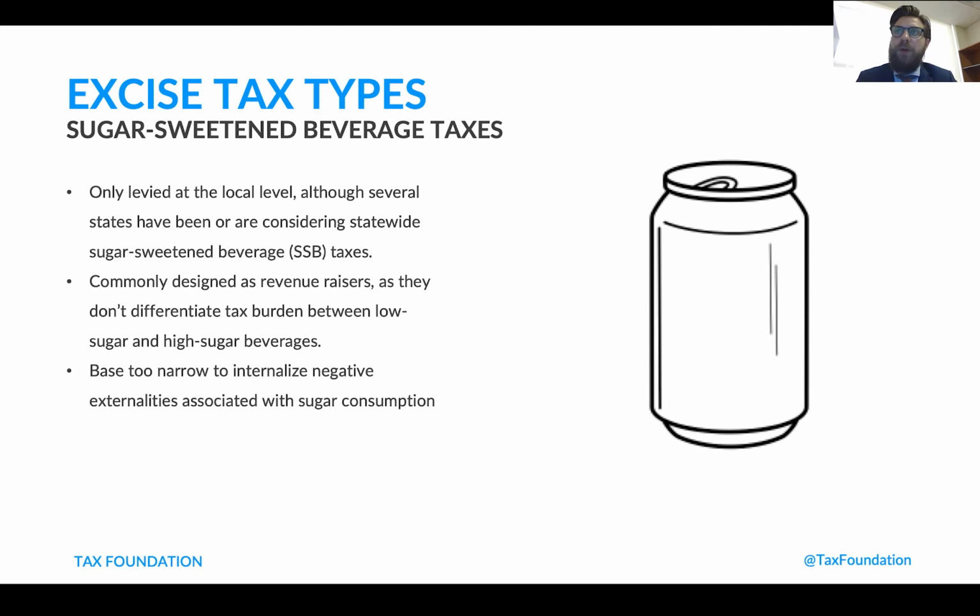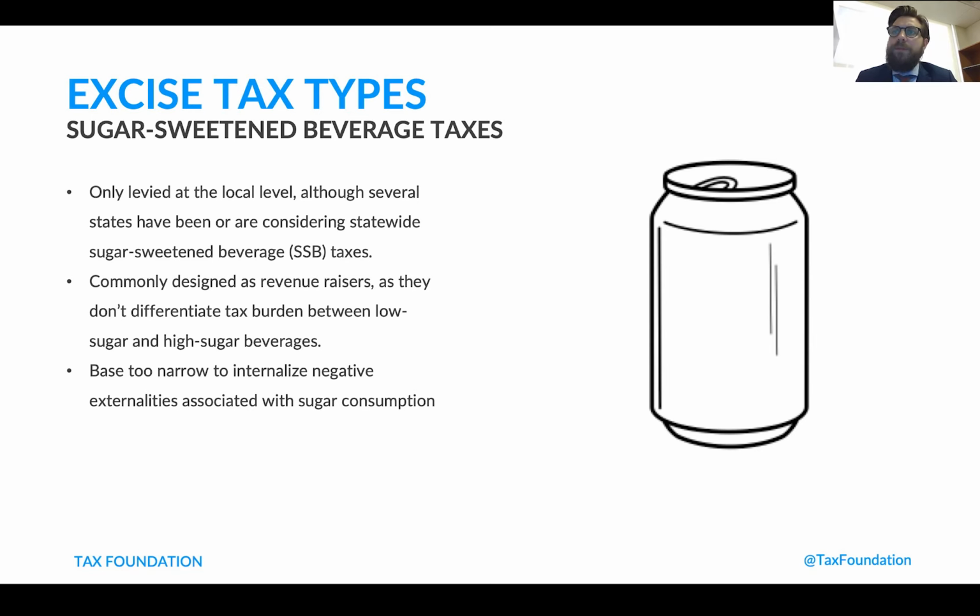Because you're not really taxing sugar, you're taxing beverages with sugar, which means it's too easy for consumers to simply substitute to another good that has sugar in it, whether that be candy bars or candy or something else that's sugary, or even a completely different product. I mean, studies show that consumers may even switch to alcoholic beverages like beer when you levy a tax on soda. This base is too narrow to be effective in what it's setting out to do.